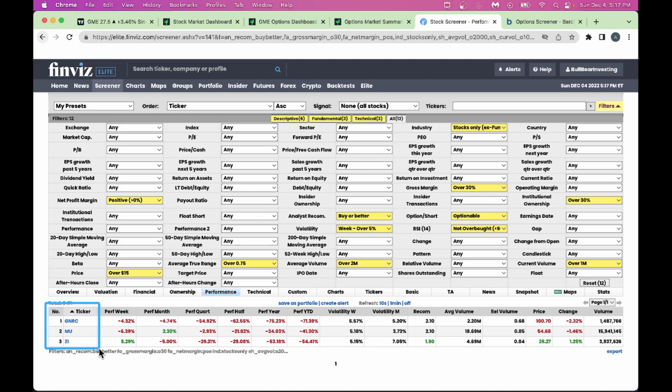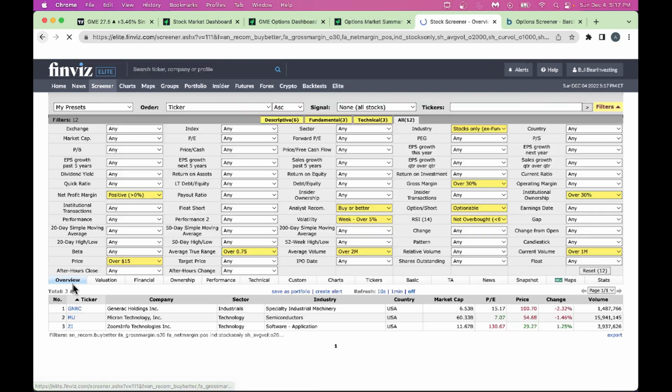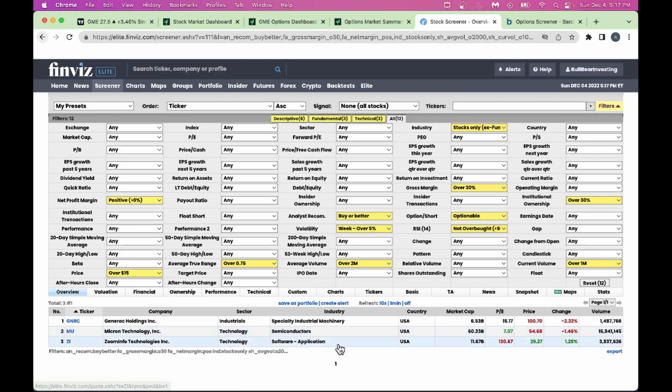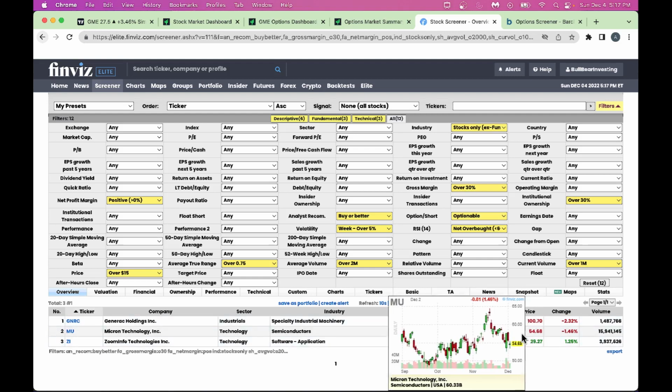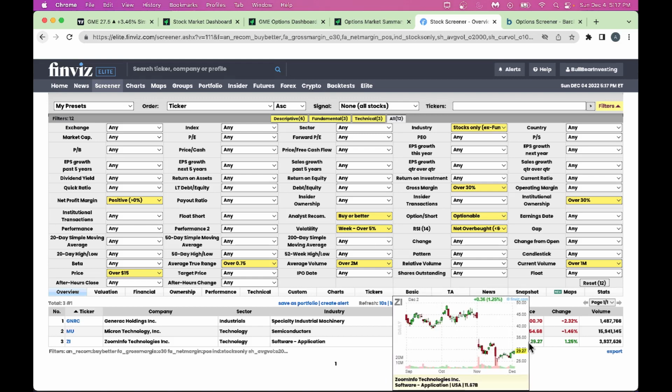And look, we could bring some of these up in our options platform like Thinkorswim here. Look, we got Generac here. As I go into the overview here, Generac is right now just a $100 stock, and we got Micron, which is $54, and we got ZI, which is $29.